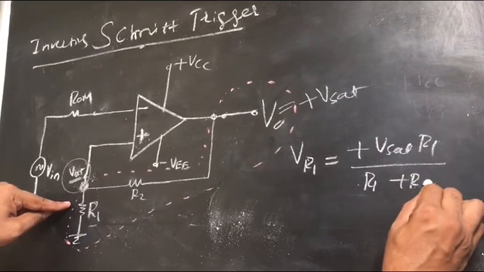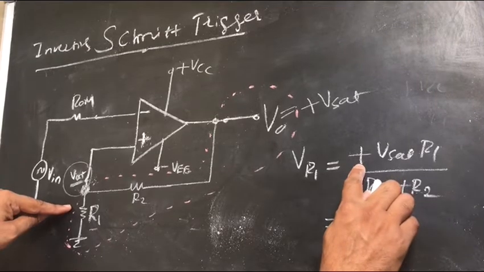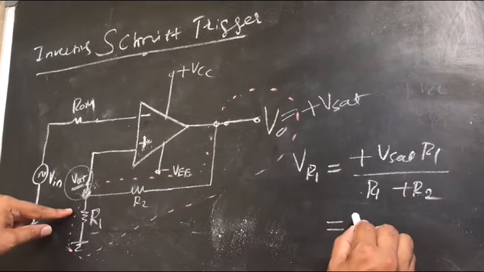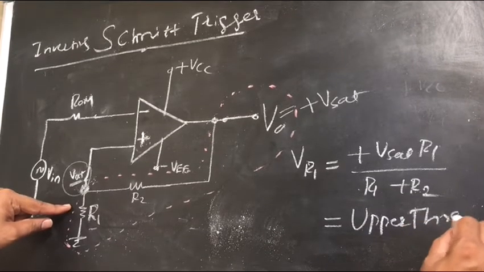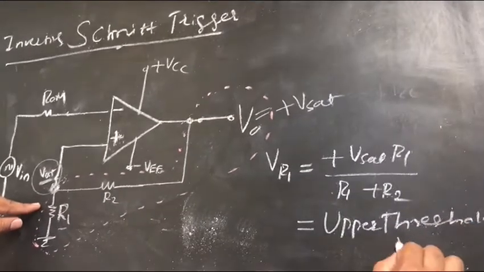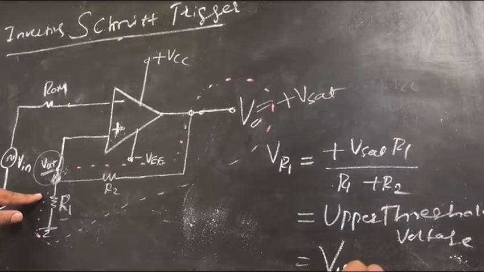This is the equation from voltage divider rule. This is a positive voltage. Therefore, this is generally called the upper threshold voltage, denoted by VUT.